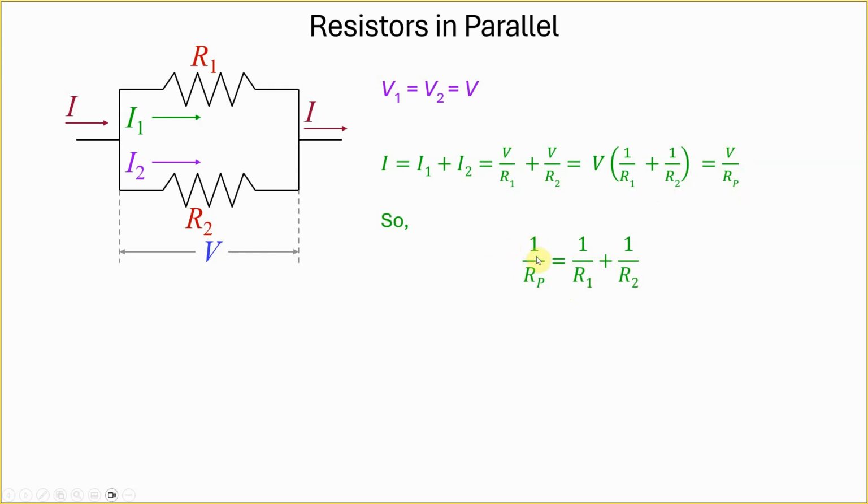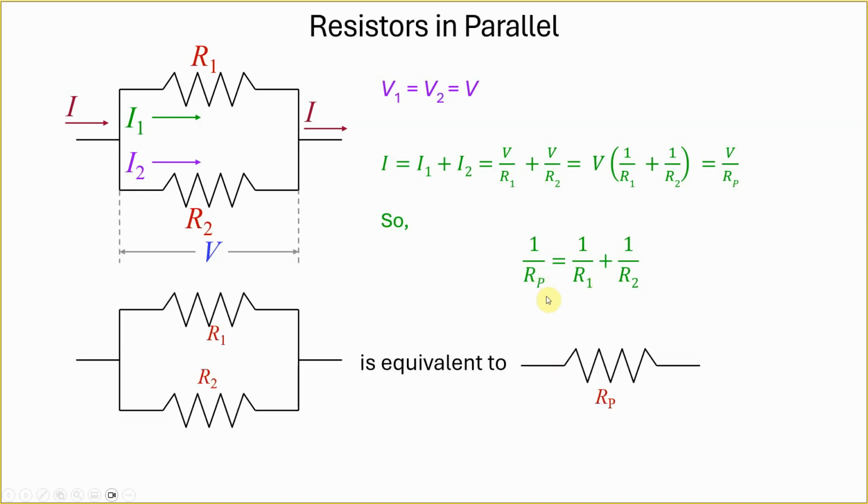Not only for R1 and R2, but also any other resistors you connect in parallel, this formula works. So R1 and R2 can be combined into one single resistance. We call that resistance RP.